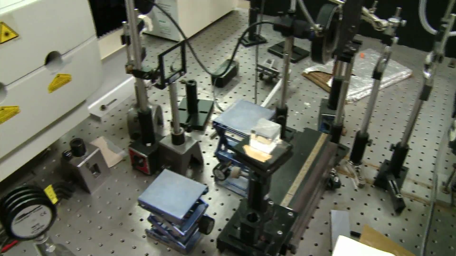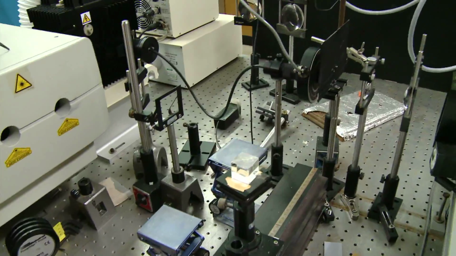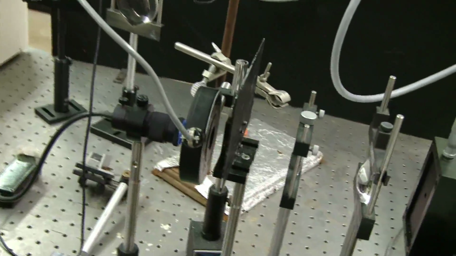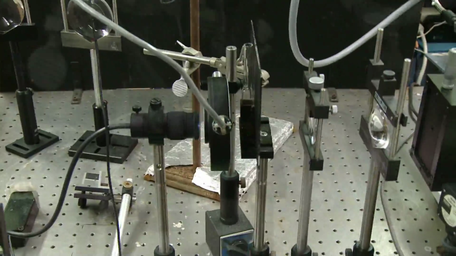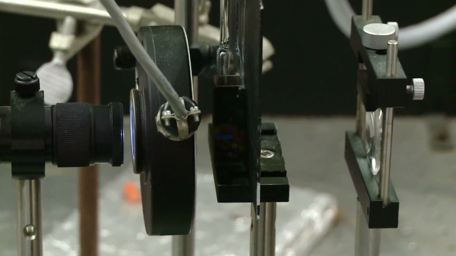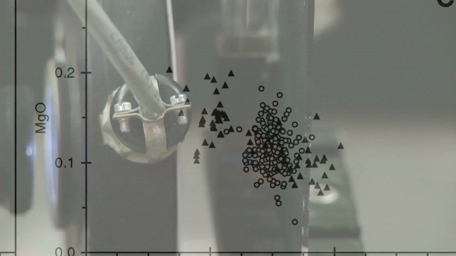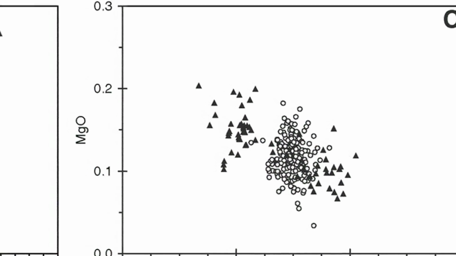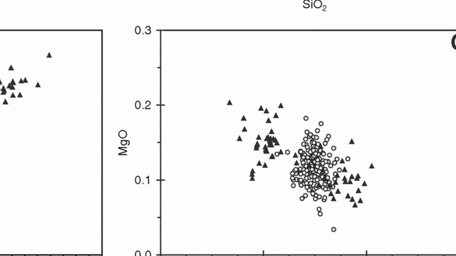So we generally construct our laser systems from scratch, and because of the unique combination of things that we have to put together to do these, we write our own software and use our own computer interfaces to acquire data.